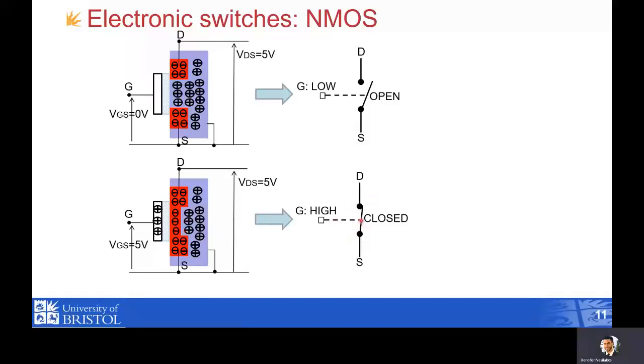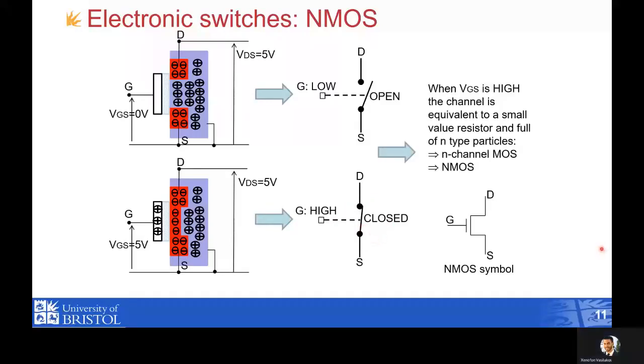And the result is equivalent to a closed switch. Now, the symbol that we use for an NMOS, where obviously N stands for the negative particles, is this. Again, when the voltage applied to the gate is high, the channel is equivalent to a small value resistor, full of negative type particles, and behaves like a closed switch.